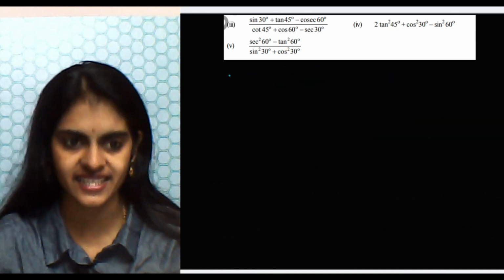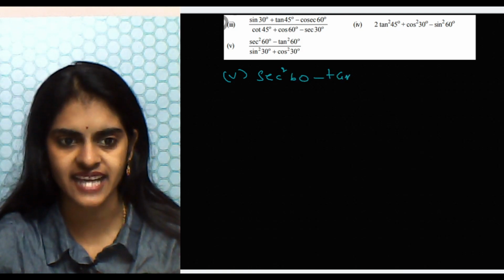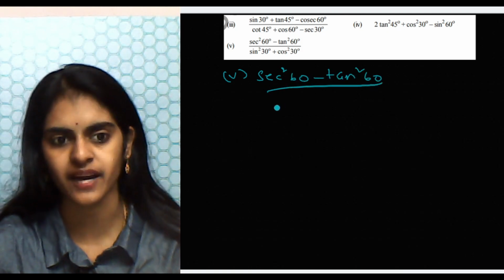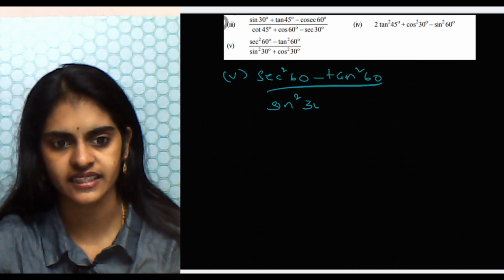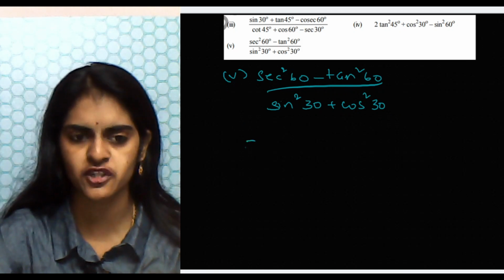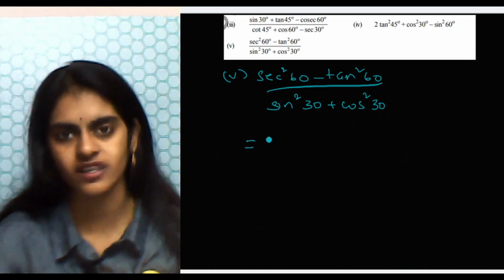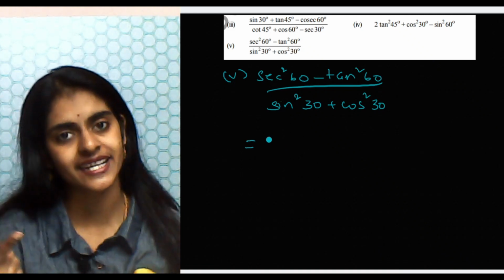So the next question is sec square 60 minus tan square 60 divided by sin square 30 plus cos square 30. Simple substitution of the values again. Sec 60 is nothing but 2, since cos 60 is 1 by 2 and secant is reciprocal.